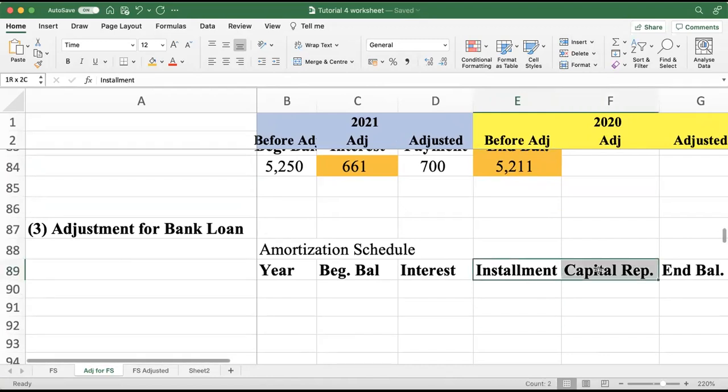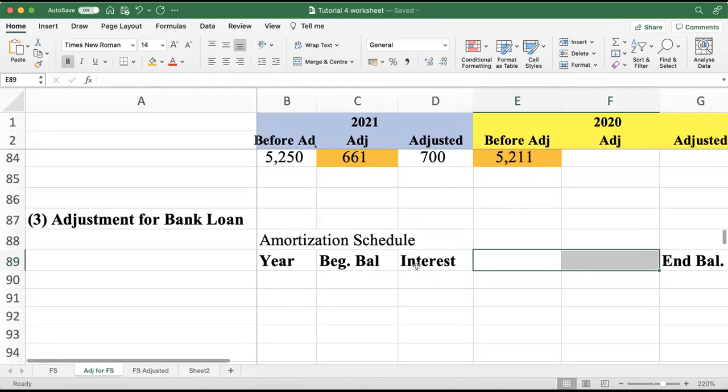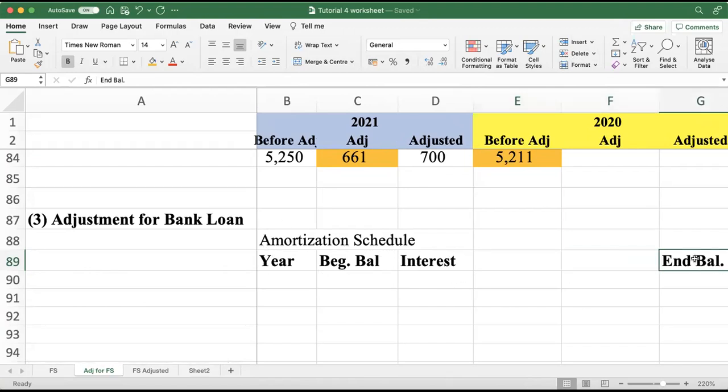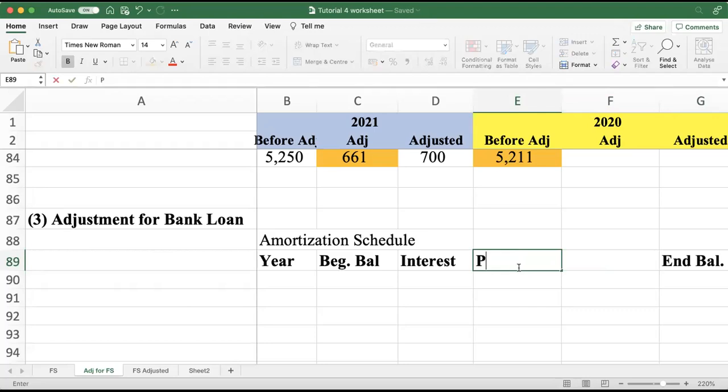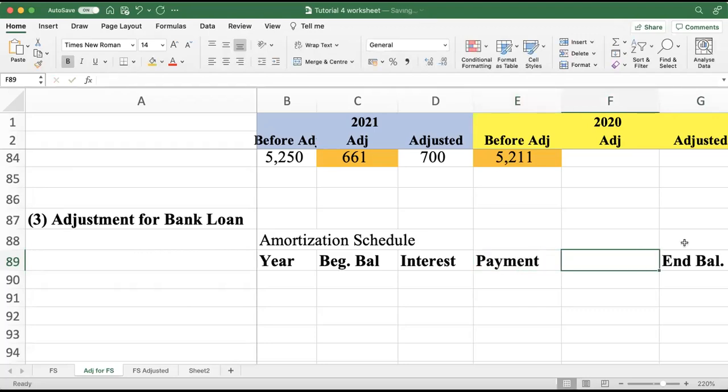So what you can do is prepare this amortization schedule. Here, beginning balance, interest, then payments, then end balance. We need only these columns.